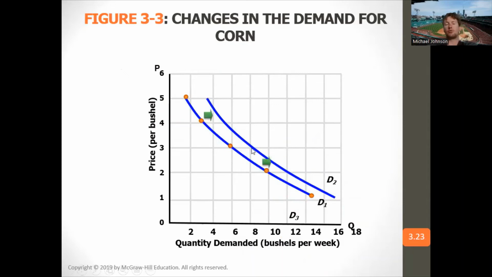So this rightward shift, what do you think would cause this rightward shift in demand, everybody? What would cause the rightward shift in demand here?